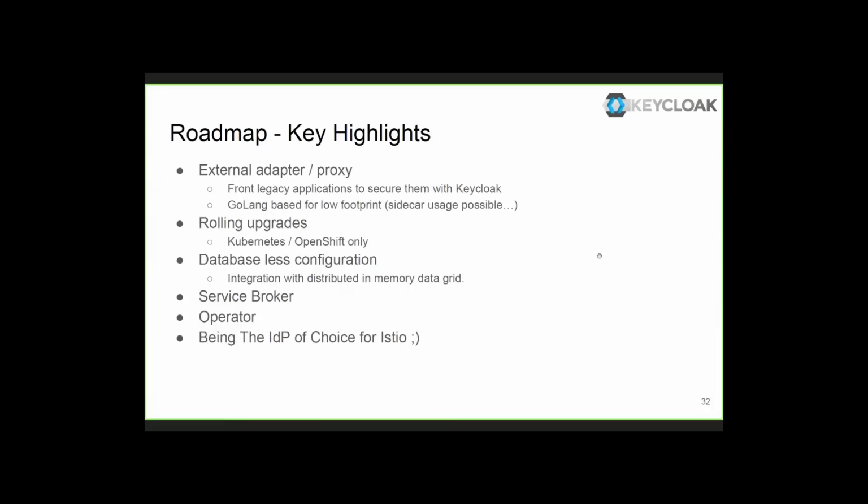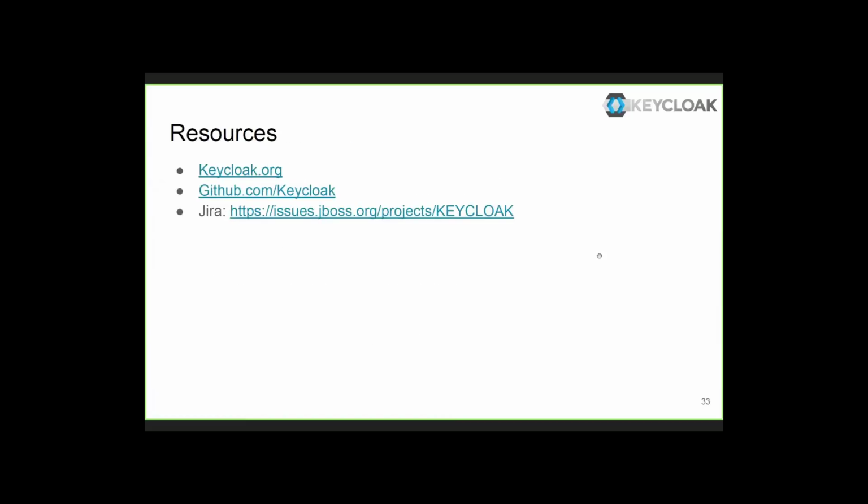Databases in OpenShift and Kubernetes in general are sometimes tricky, and in certain use cases, it would make sense to just stick to distributed in-memory data grids, especially since such solutions can be passivated to a database if people want it. We will try to keep up with Istio for sure, and being the IDP of choice for Istio is our goal.